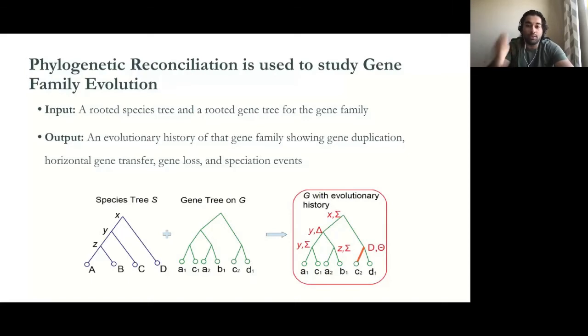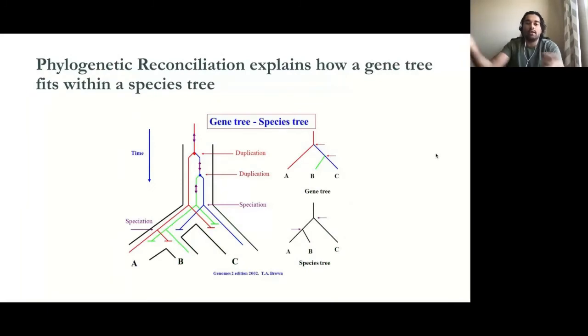So given these inputs, one of the problems that we're interested in, especially in phylogenetic reconciliation, is to come up with an example of this gene tree which fits inside the species tree, which can essentially explain what different evolutionary events happened along the course of evolution for the specific gene, such that it yields the current tree that we observe with the given data. And this is, I guess, an overview of phylogenetic reconciliation with gene trees and species trees.